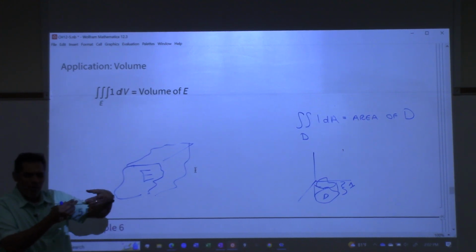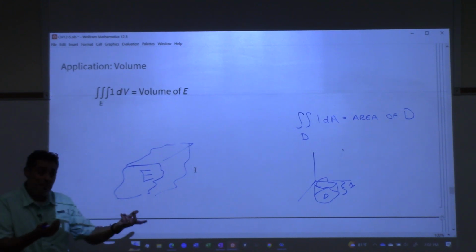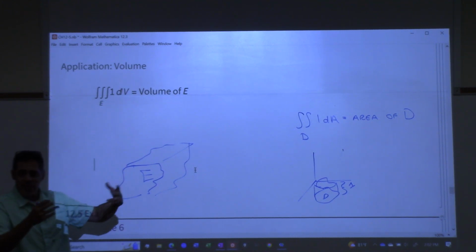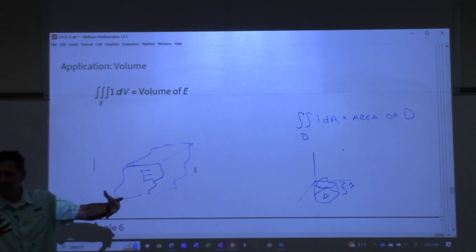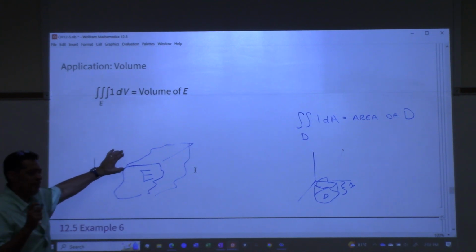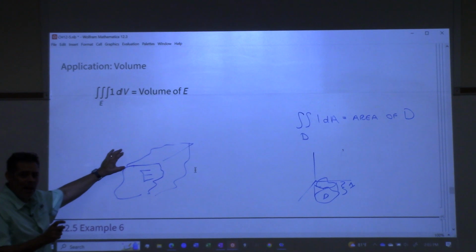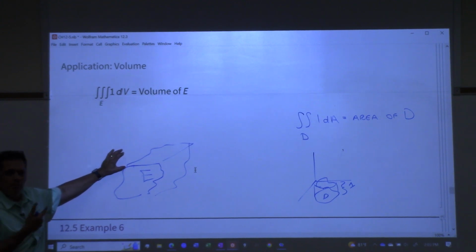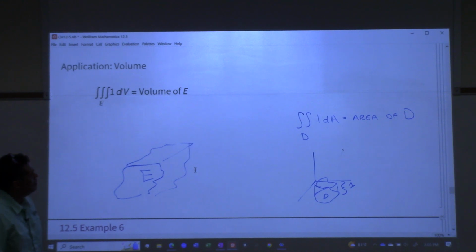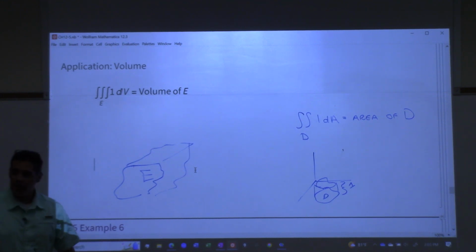We're in four-dimensional space now. We call it a hypervolume. It's just up one dimension higher. The numerical value of that hypervolume is equivalent to the volume of E. So we're going to use that later, all right?